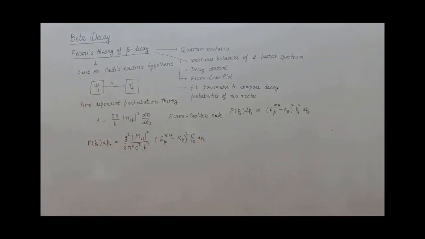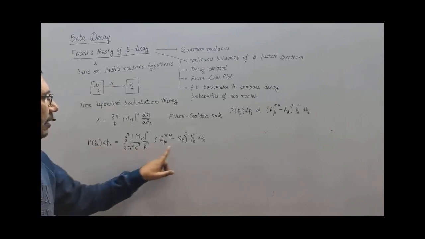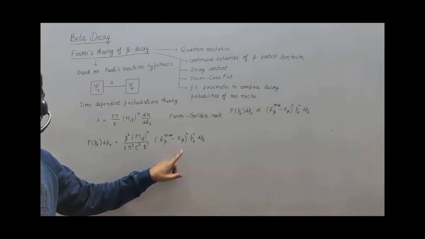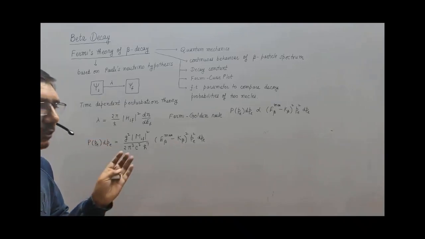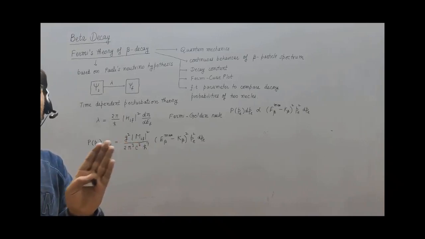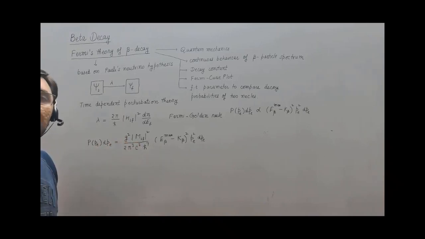But when they plotted this P_e as a function of K beta, they found the same type of beta energy distribution spectrum for the emission of beta plus particle as well as beta minus particle.